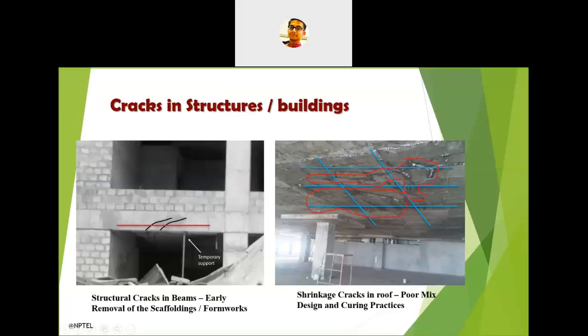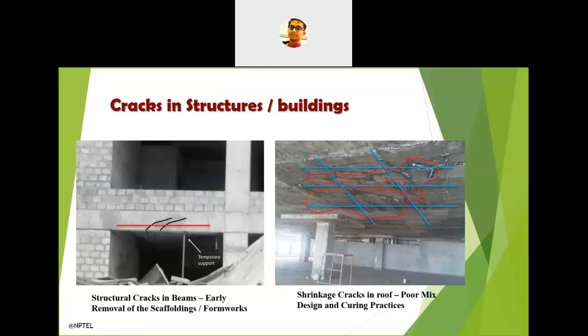Here you can see some examples. On the left side, I marked some of the cracks in black color. These are very thin cracks, and these cracks were formed due to the early removal of the scaffoldings or the frameworks before the concrete gained sufficient strength. Before gaining it, they removed the frameworks.